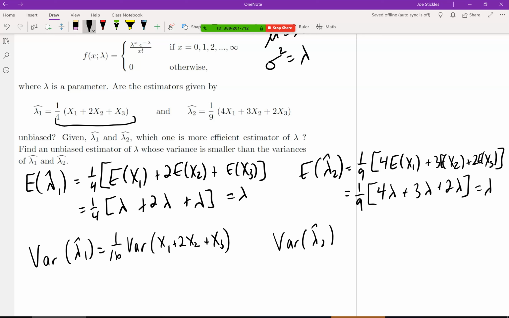Since it's a random sample, each of these are independent, so I can break up the variance over the sum. In that middle term, I can pull the constant out of the variance, but I have to square it. So this will be 1/16 times the variance of x1 plus 4 times the variance of x2 plus the variance of x3.